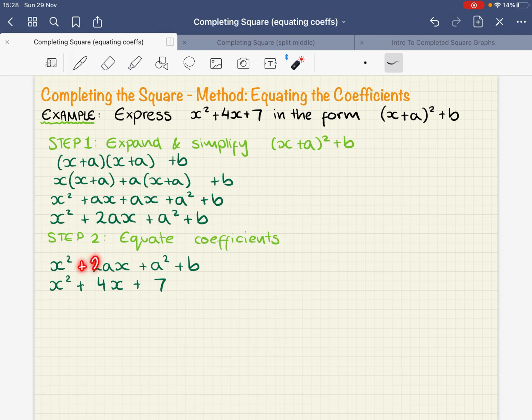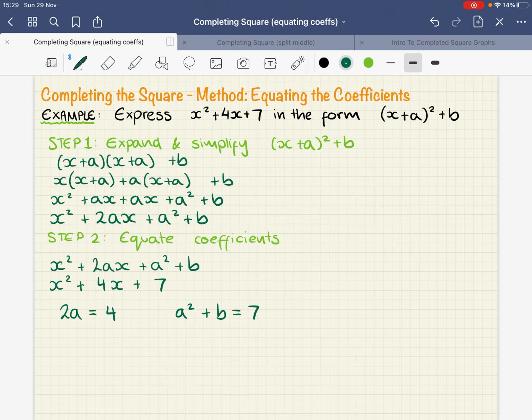And here, where I've got this plus 2a, that is going to be related to this plus 4. And here where I have this plus a squared plus b, that's going to be related to that plus 7. So we are going to make them equal to each other. So 2a equals 4. And that a squared plus b is going to equal that 7.